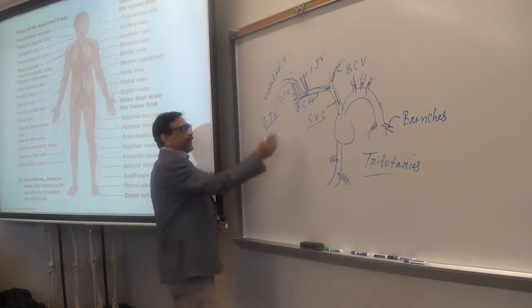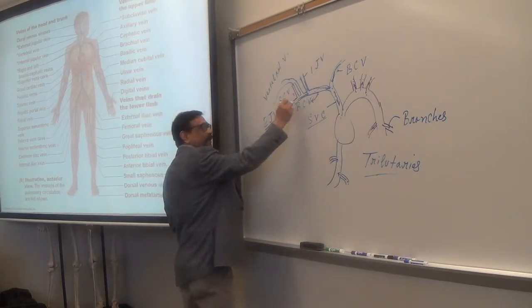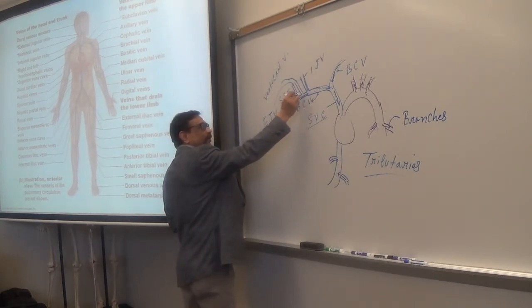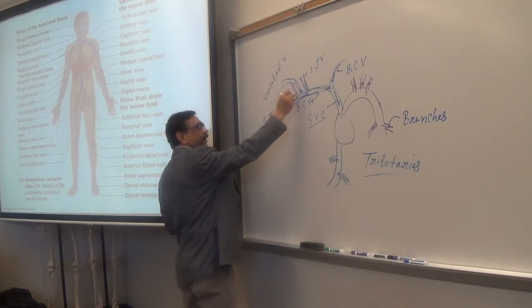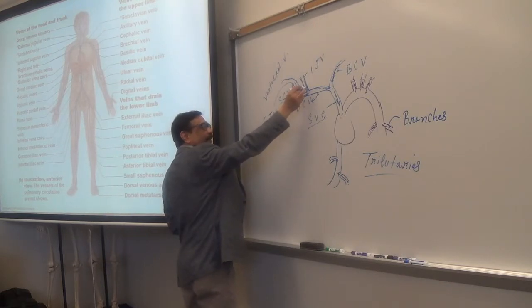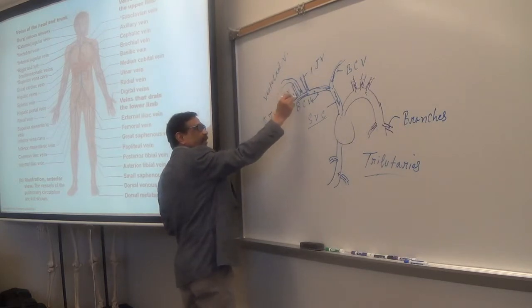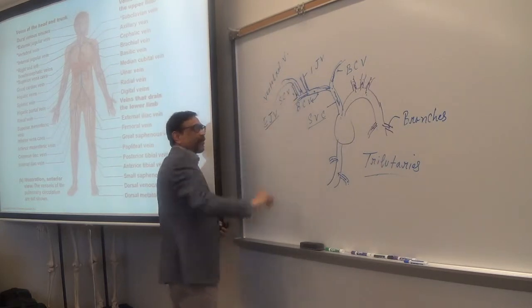Okay, and then subclavian. You see, this is subclavian now. Subclavian receives blood from vertebral vein and external jugular. Because you got internal jugular here directly from brachiocephalic, but not external. External gives blood to the subclavian.